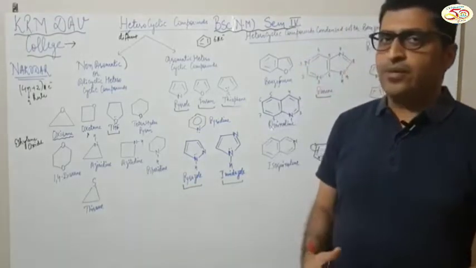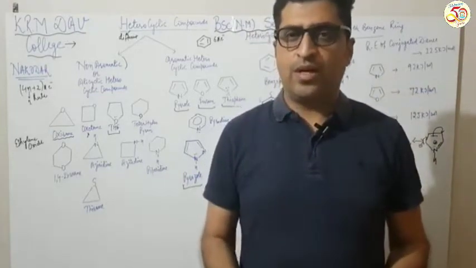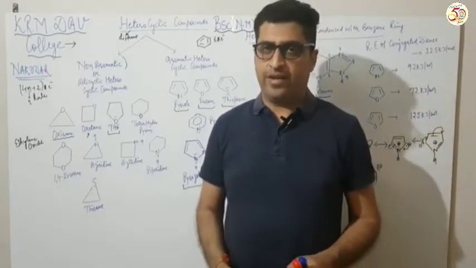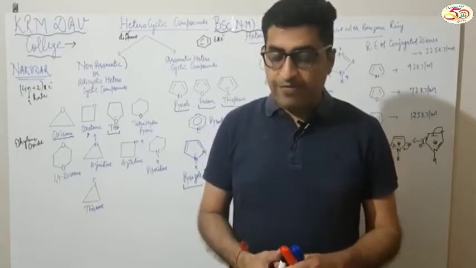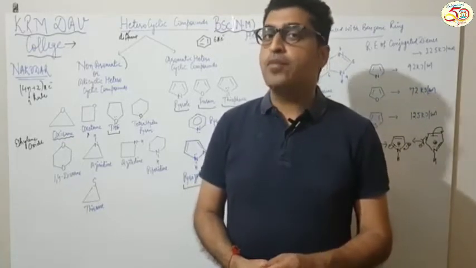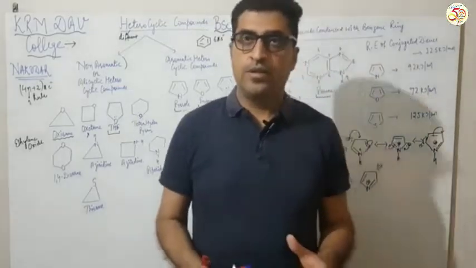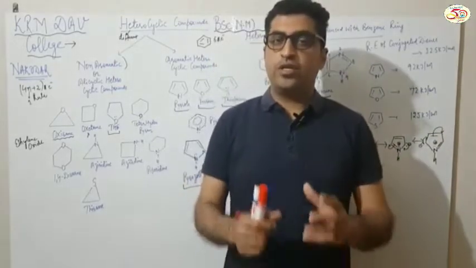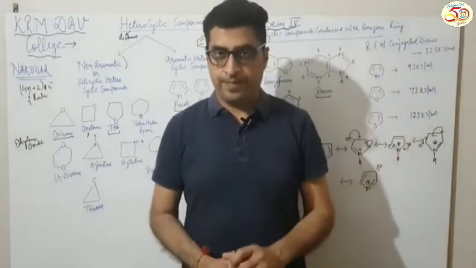Now let me tell you, the subject is not difficult. If we know the basics, we are able to write everything. We are able to express each and everything. Now if I start from benzene, the question comes, which reaction is the most favorable reaction of benzene?